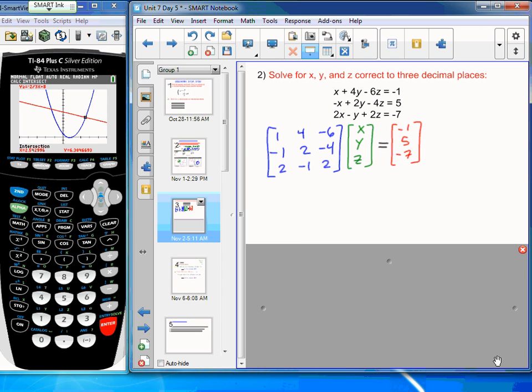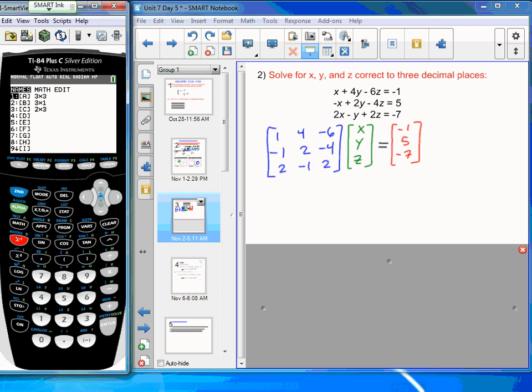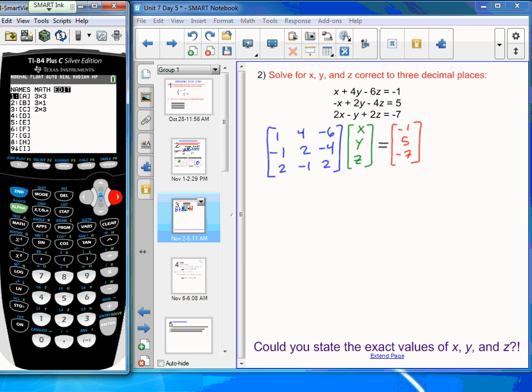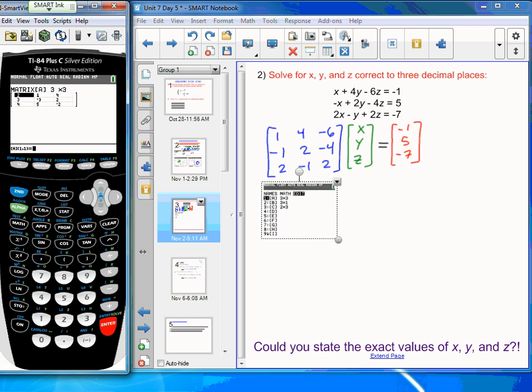So in my matrix editor, I'm going to go ahead and enter a new matrix. I'm going to edit matrix A, and I'm going to want that to be 3x3. My coefficients are 1, 4, negative 6. You guys check and make sure I don't mess up because I want to try and hurry.